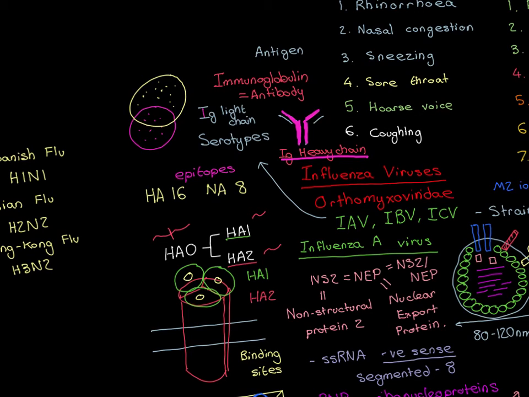Each strain of influenza A virus can be given a serotype of its hemagglutinin molecules and a serotype of its neuraminidase molecules. And these are classes of loads of similar hemagglutinin molecules. So each serotype contains a huge number of different hemagglutinin molecules or neuraminidase molecules from a huge number of different strains of influenza A virus that are all different to one another.